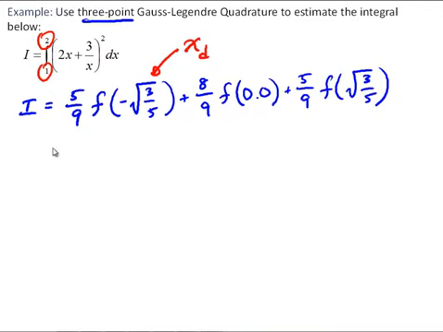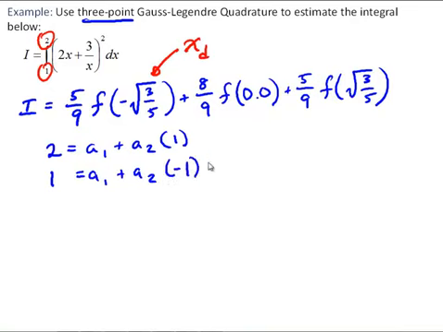We have 2, our b, is equal to a1 plus a2 times 1, and 1 is equal to a1 plus a2 times -1. We can solve that linear system, and you'll get a1 is equal to 1.5 and a2 is equal to 0.5.